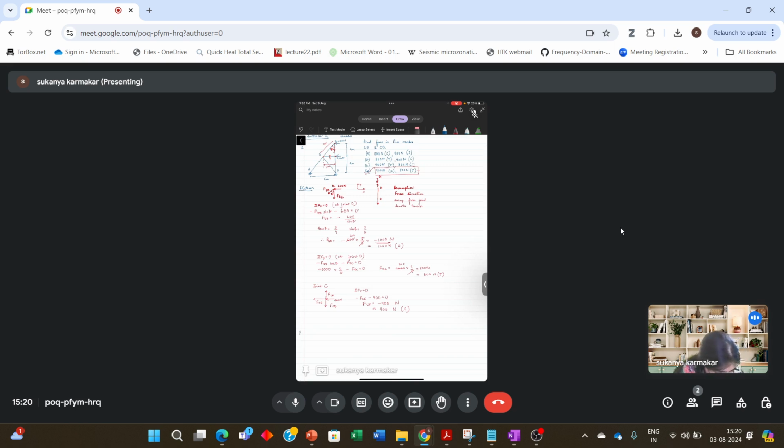So the next question is for the truss. Truss is like this. This is one member, this is one member, another member, this is one member, and this is one member. This end is pinned, this again is pinned.